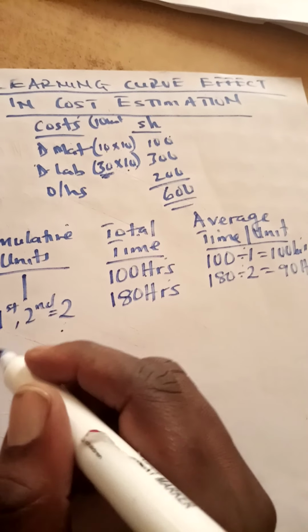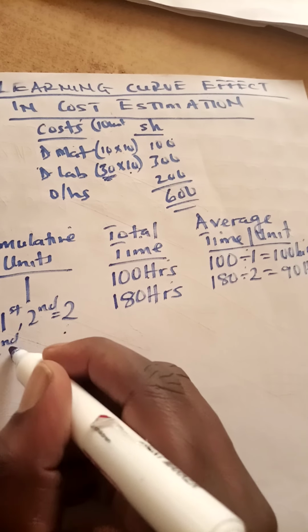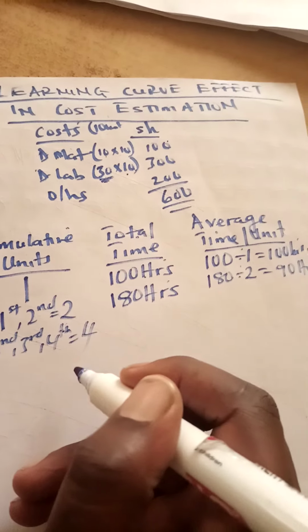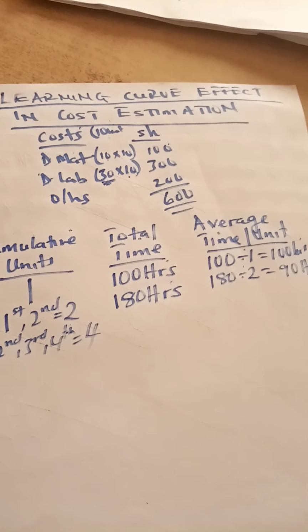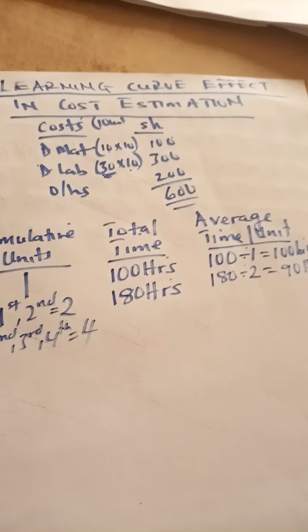The effect also goes further and says, by the time they have made 4 units, that is the first, second, third, and fourth, cumulatively 4 units, you might expect that they will take 400 hours, but they might shock you.